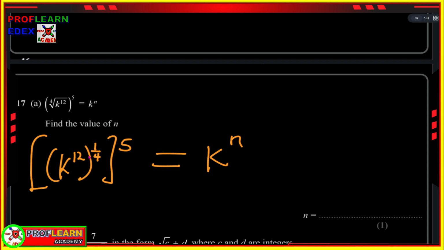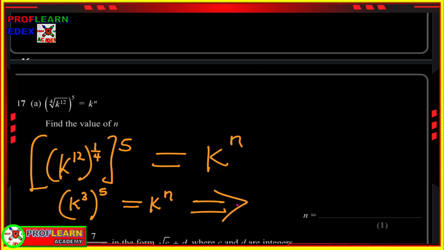Now 12 times 1 over 4 is 3, so k raised to power 3, power 5, is equal to k raised to power n, which implies that this can be written as k raised to power 15 is equal to k raised to power n.